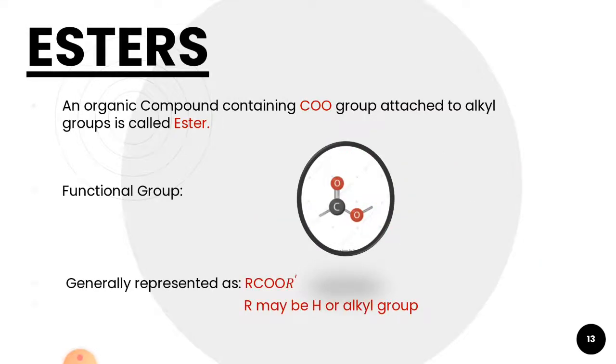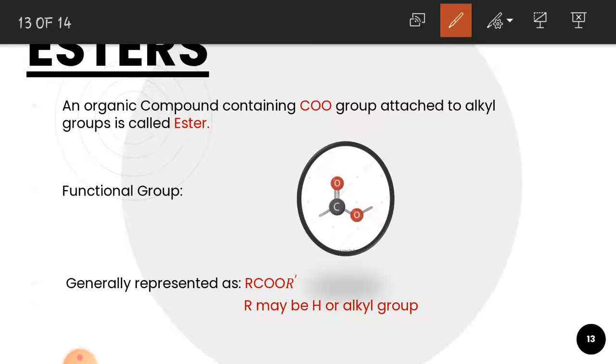Esters are generally represented as RCOOR. Now this R, this one, may be hydrogen or an alkyl group. This R should be an alkyl group for it to be an ester.